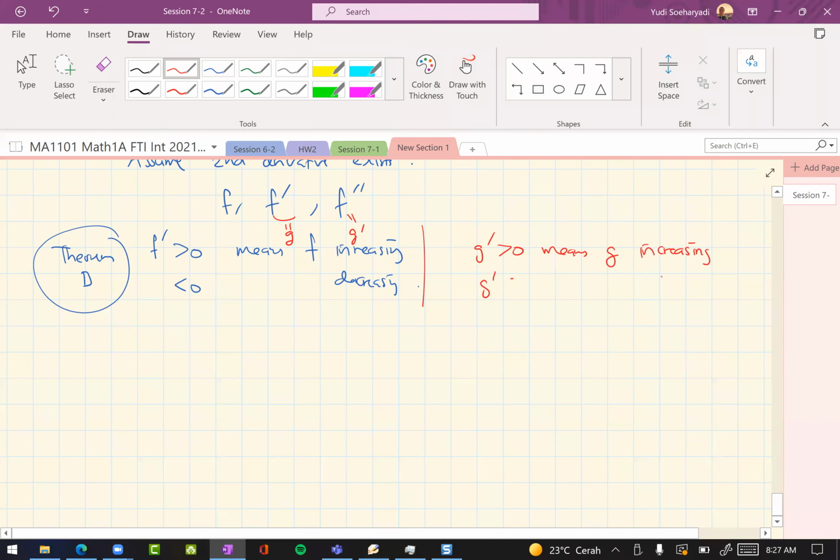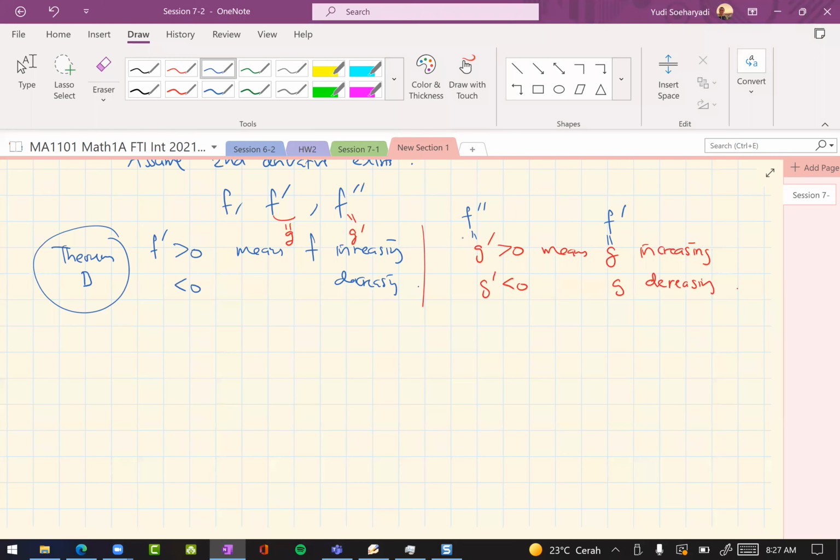G prime negative means g is decreasing. All right. But again, recall that g is actually f prime. This is f double prime.